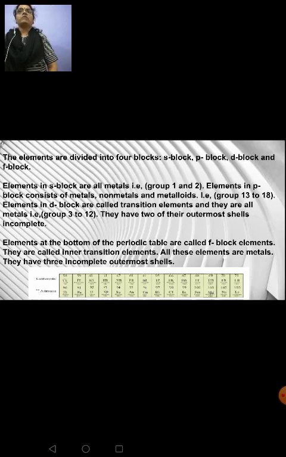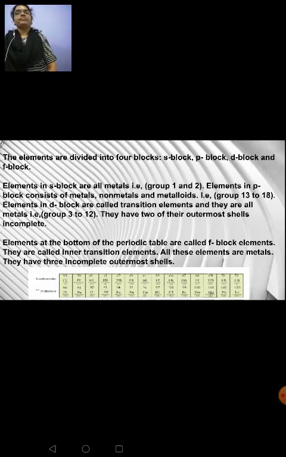And at the bottom of the periodic table you will find 2 sets of elements with atomic number 58 to 71 and atomic number 90 to 103 placed separately. They are categorized as F block elements, called the lanthanide and actinide series, and they are called inner transition elements. I will tell you why it is placed down separately.